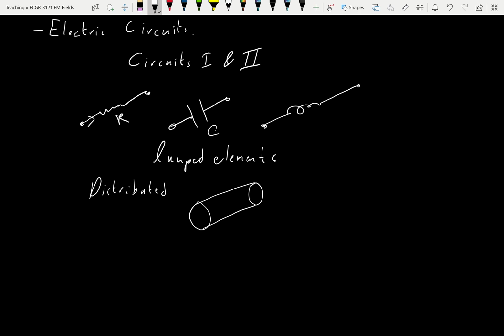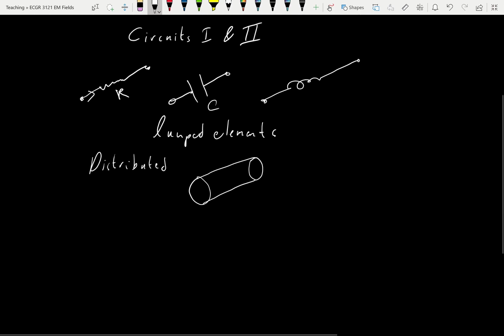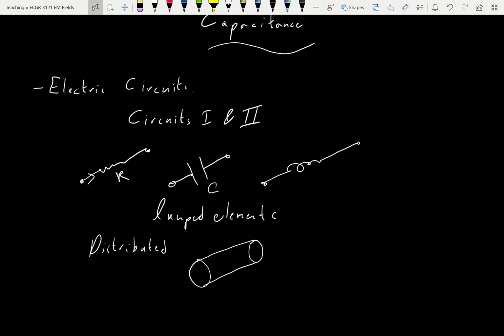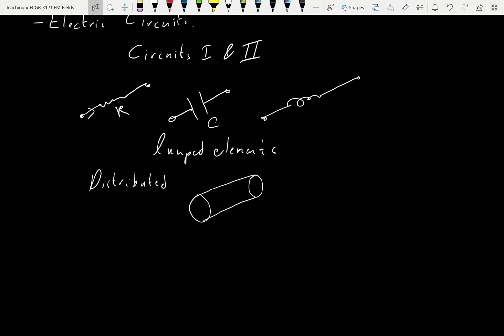So when we're studying capacitance at this point, we're studying it in the domain of electromagnetics, which is more general than the circuits domain.